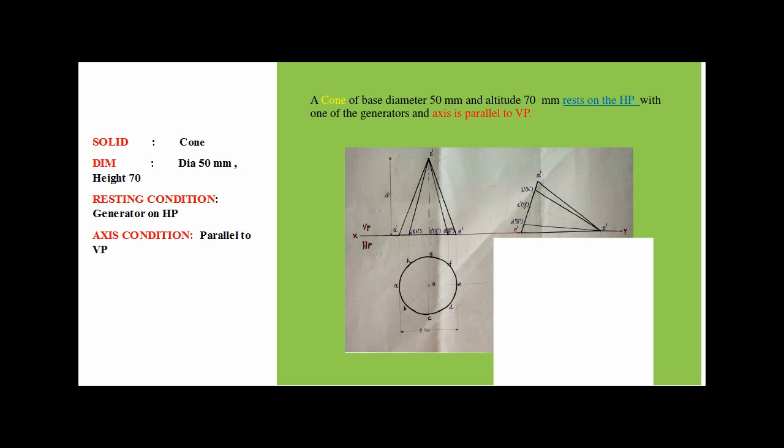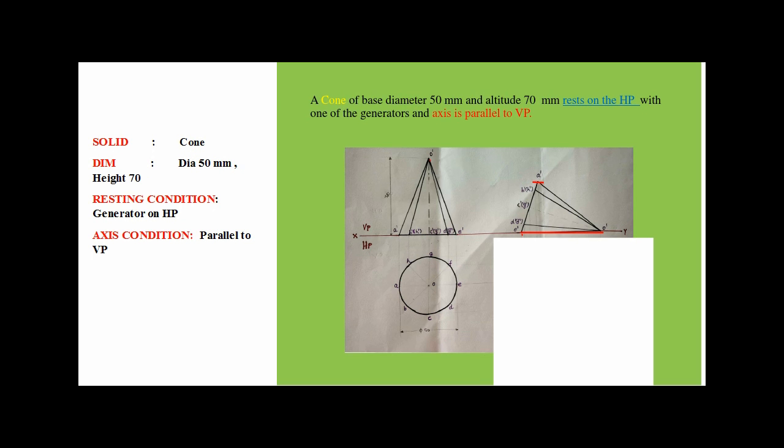So first we draw the generator line. Next, find the distance between E dash to O dash. With E dash as center and E dash A dash as radius, cut an arc.